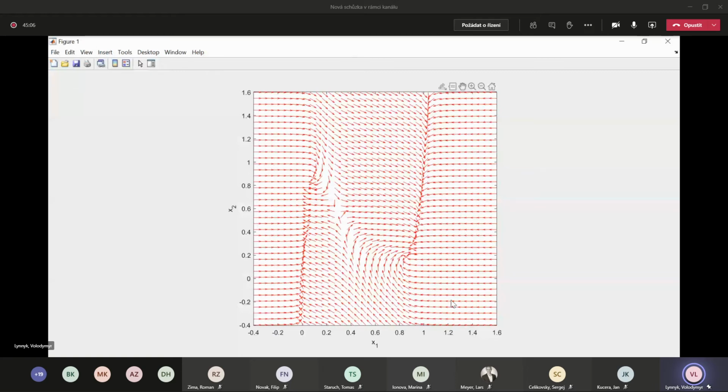Here you can see maybe a saddle point, and it's q2. And this equilibrium point Q1 is a stable node. Any question here?